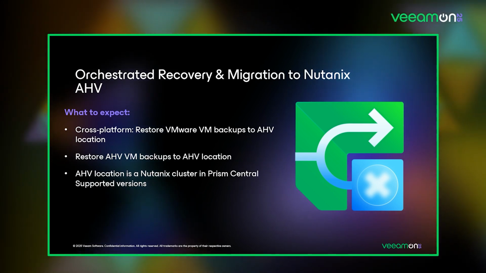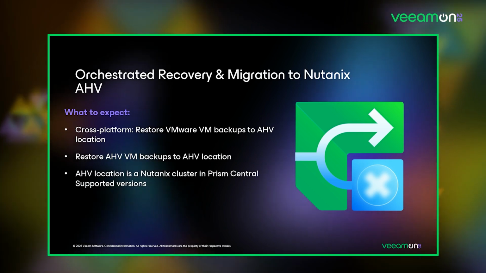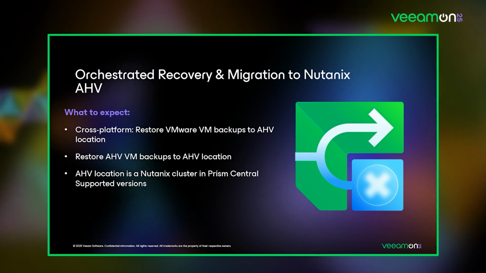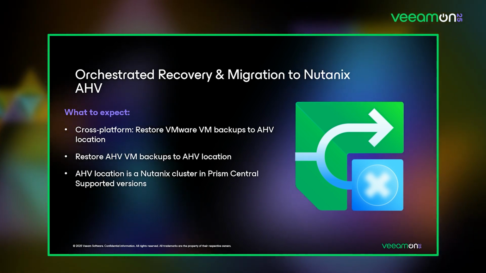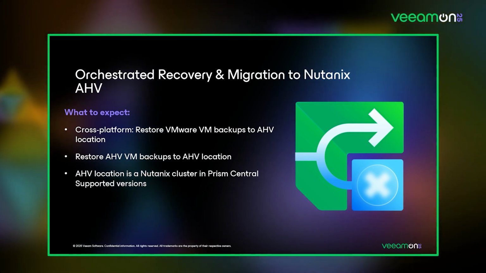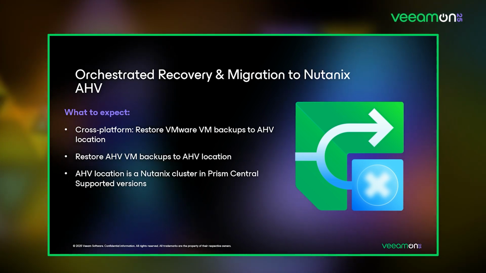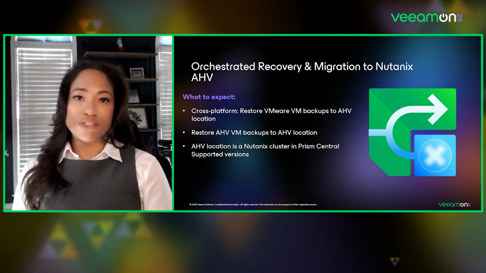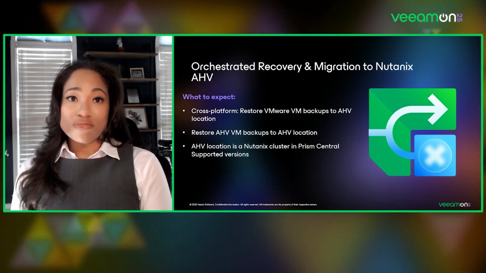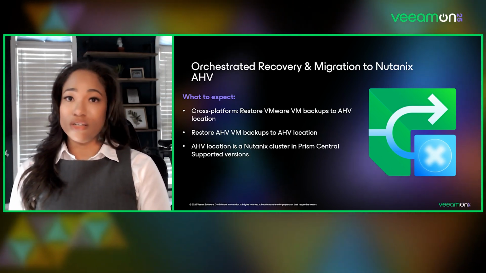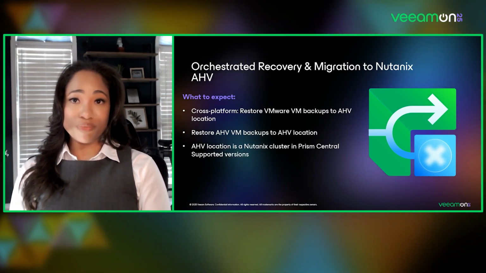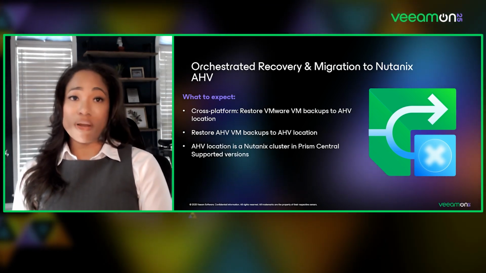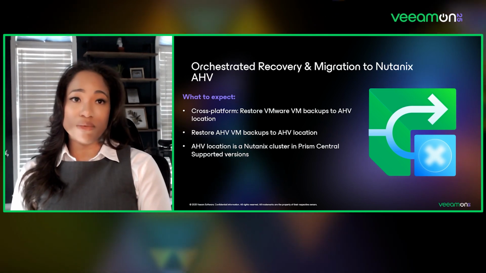Nutanix is a built-in virtualization platform for those who are unaware, and it's centrally managed through Prism Central. But you can also restore AHV VMs, or AHV backups, to other AHV clusters, which is ideal for DR scenarios, migrations, and also site-to-site recovery. These features now support Nutanix clusters under Prism Central, and ultimately it allows you to recover platforms if your primary environment is unavailable.